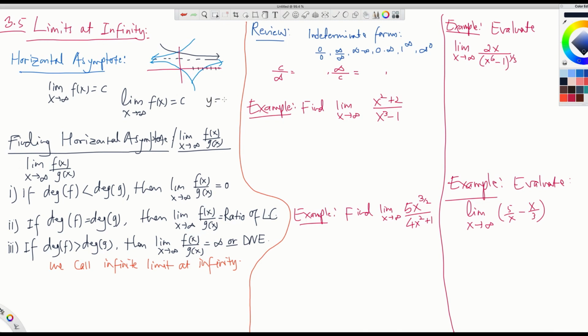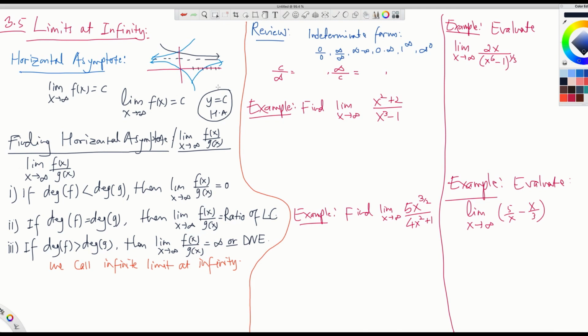Basically, with limits at infinity we are trying to find out if there is a horizontal asymptote or not, that is, if the function approaches a number when x tends to infinity.